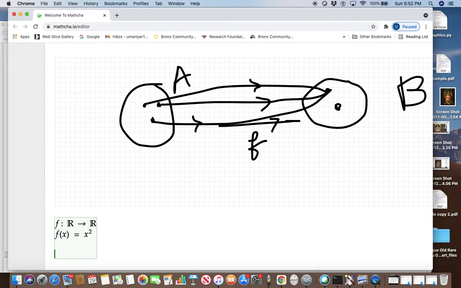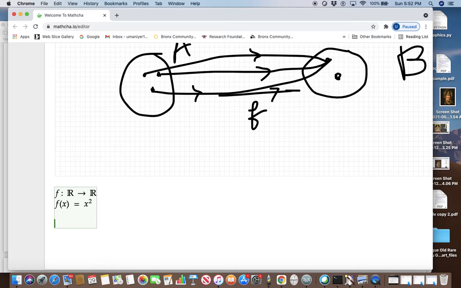In this case, notice f is not injective because f of -2 is 4 and f of positive 2 is also 4. That is, two different distinct elements land in the same value on the right hand side.